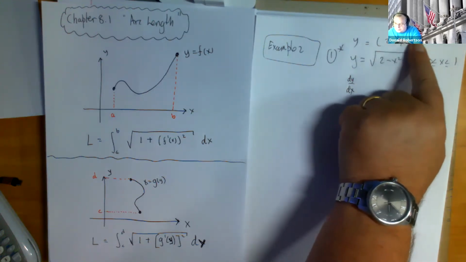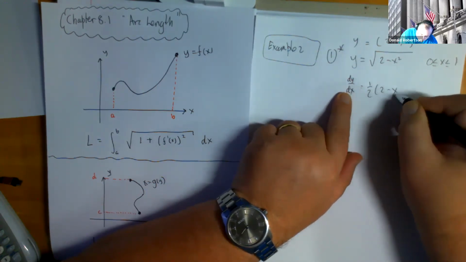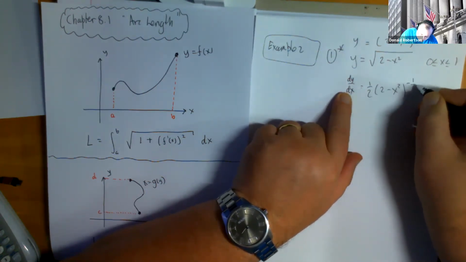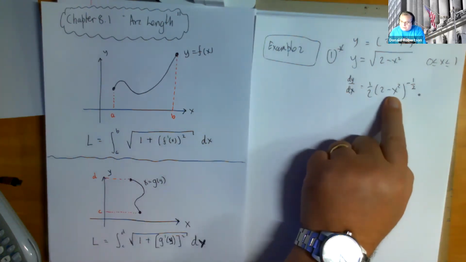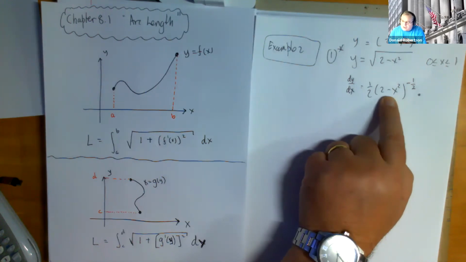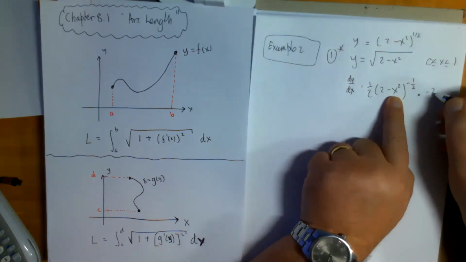It's something to the power of half. The derivative is 1/2, reduce the power by 1, which is negative 1/2, times the derivative of 2 minus x squared. And what is the derivative of 2 minus x squared? Negative 2x, with a negative in front of it.